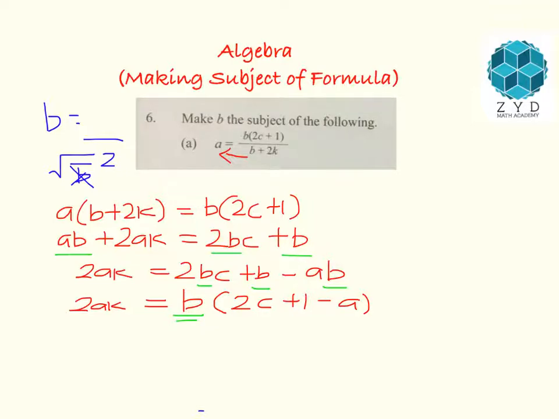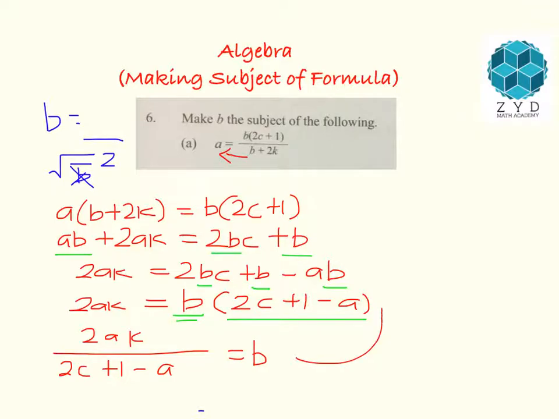So to make b the subject of formula, we need to bring down this expression to the left hand side. So we will get 2ak over 2c plus 1 minus a equals to b.